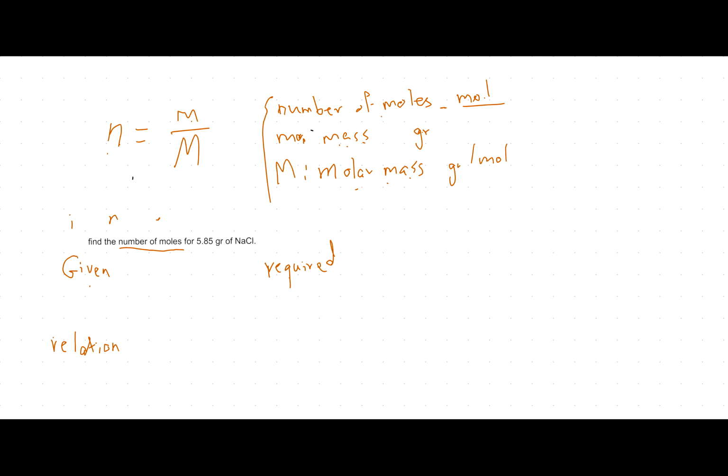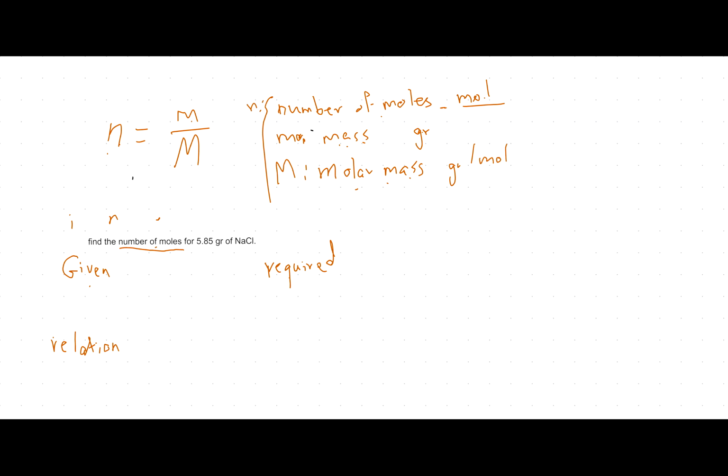Find the number of moles. When he asks me to find the number of moles, what is he asking about? N is the number of moles, m is the mass, and capital M is the molar mass.